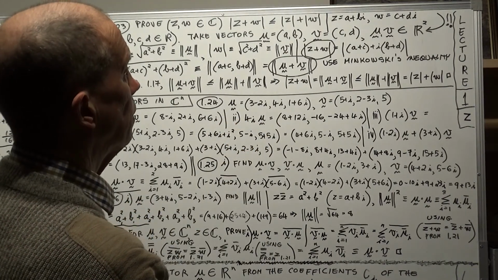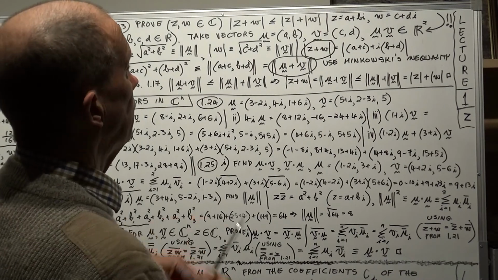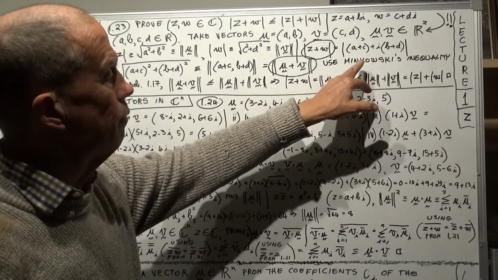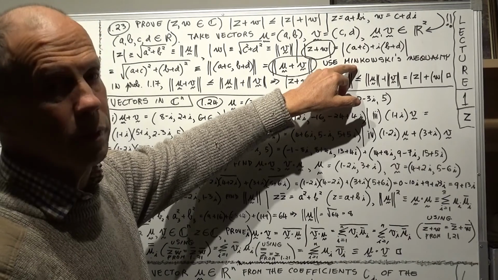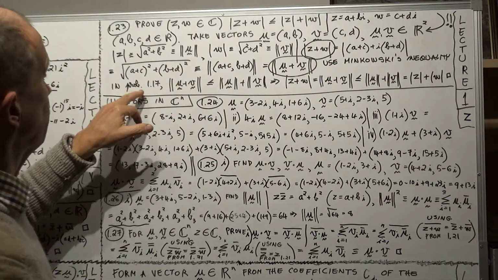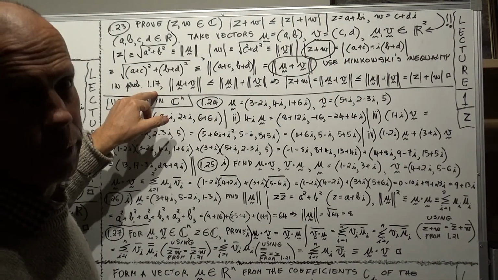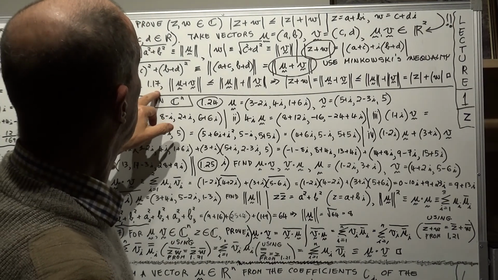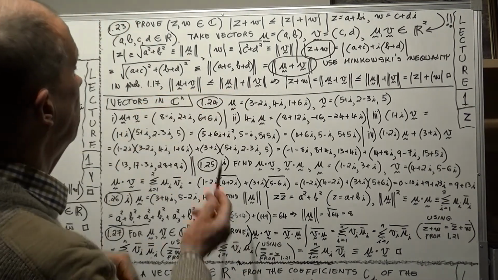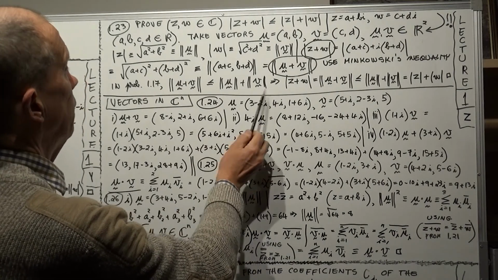Right. Now we can use Minkowski's inequality. That's from problem 117. Remember, it was fairly difficult, but we can just use it now. Here's a summary of that inequality.